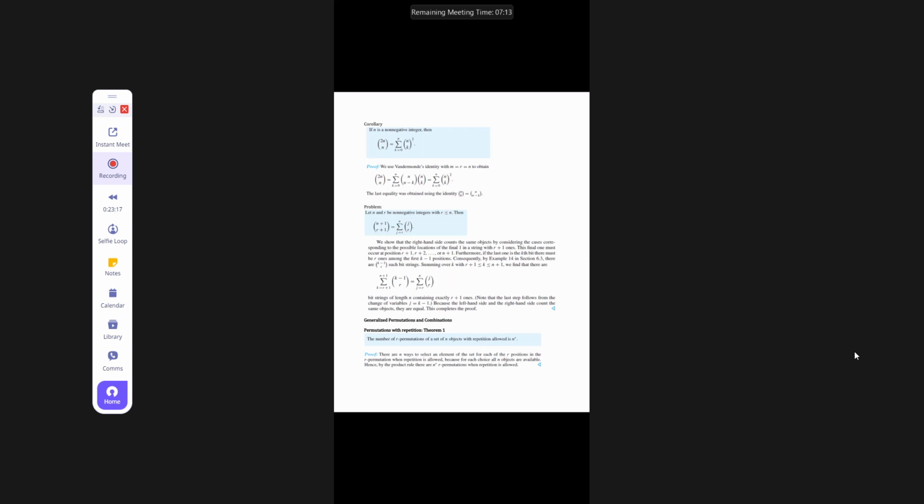That part I'll come back to later after your MPA, so it is not included. After permutation combination, please go straight to generalized permutation combination, that is, permutation combination with repetition.